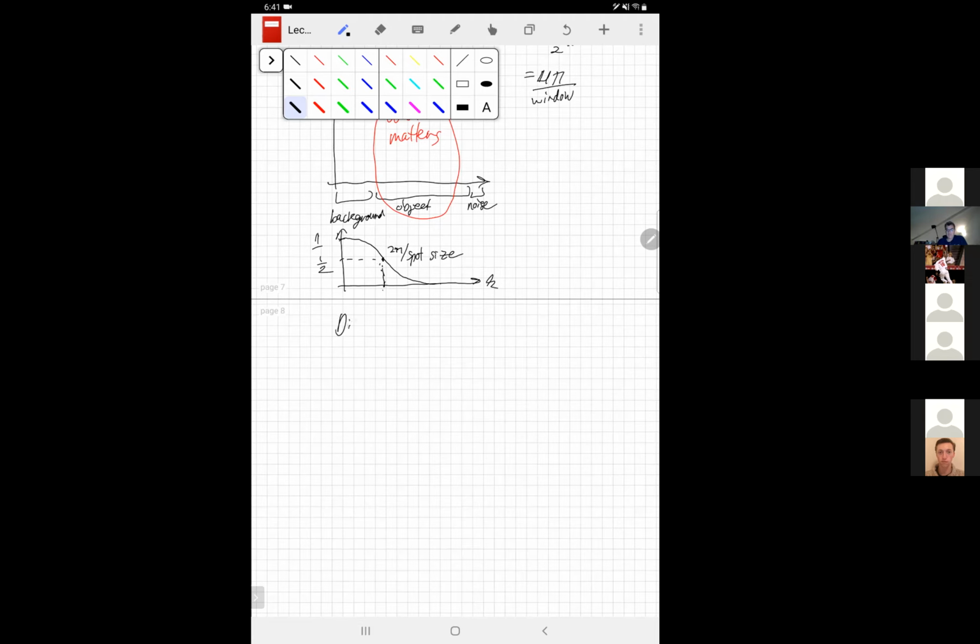So now let's think, if we are in the diffraction limit, how does the spot size depend on aperture? You just did an assignment on this.